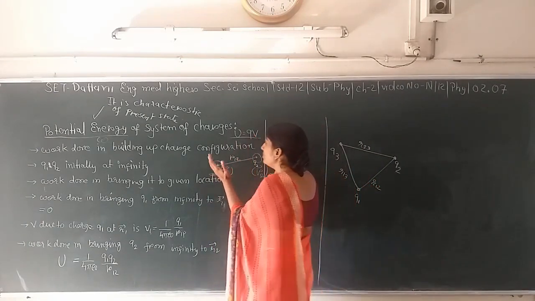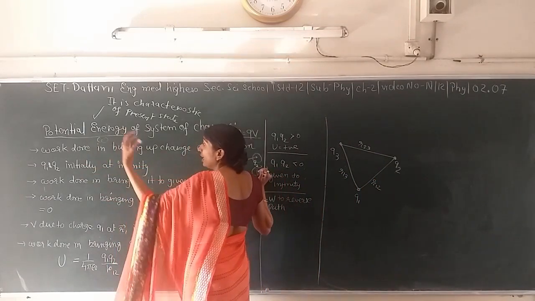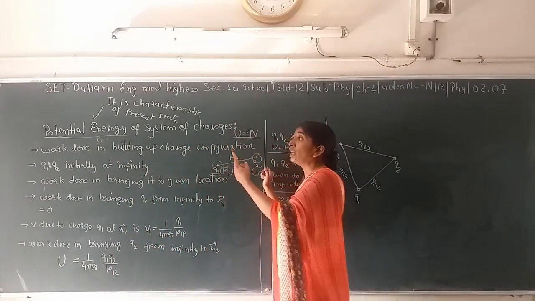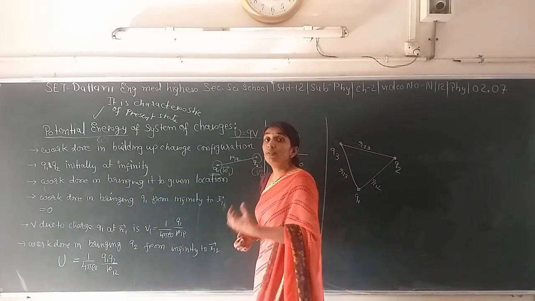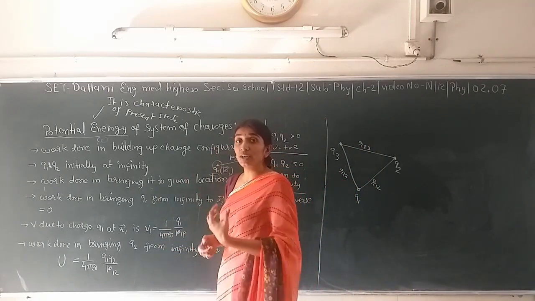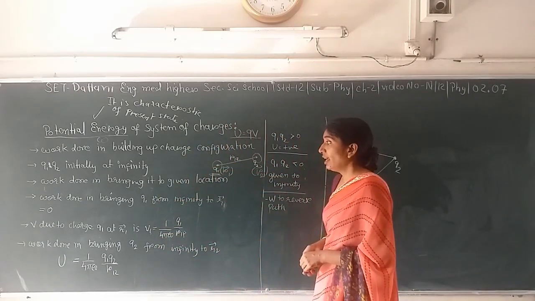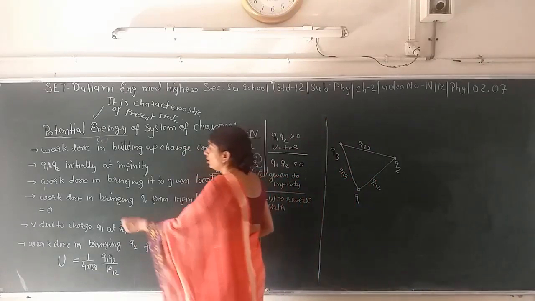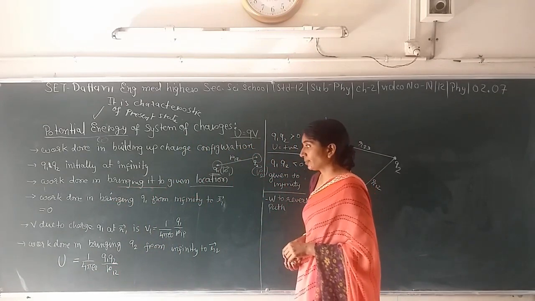To build up this configuration, the amount of work done is exactly equal to the potential energy. Whatever work we have done is stored in the form of energy, and that energy is called potential energy. So, the work done in bringing it to the given location.